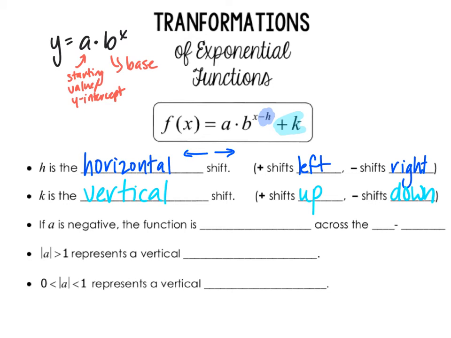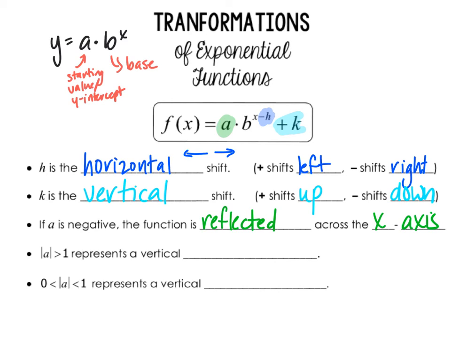And now finally we get to a. We've already seen a before, and we've seen the effects that a has on the graph. However, we do need to understand that if a is negative, the function is reflected across the x-axis.